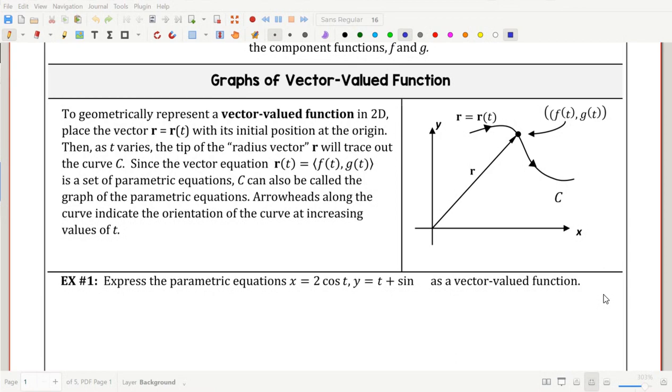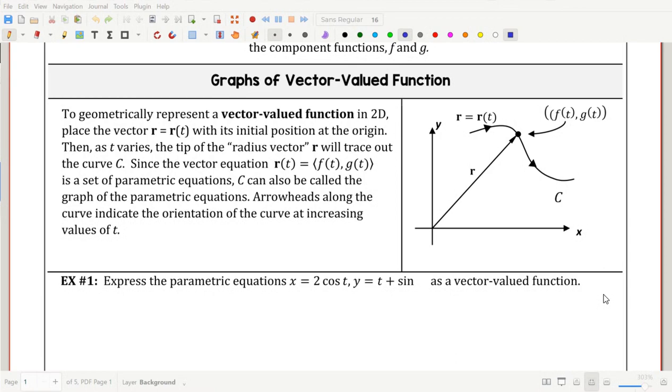This isn't really a different way of thinking about it than parametric equations, but if you plugged t values in, you would get the value of the vector at that given time. That vector would be a line starting at the origin and going out towards that coordinate pair.